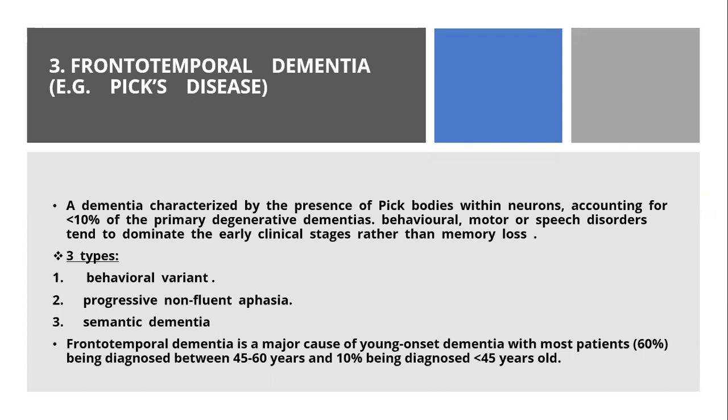We have three types of frontotemporal dementia: behavioral variant, progressive non-fluent aphasia, semantic dementia. Frontotemporal dementia is a major cause of young onset dementia, with most patients, 60%, being diagnosed between 45 to 60 years and 10% being diagnosed less than 45 years old.